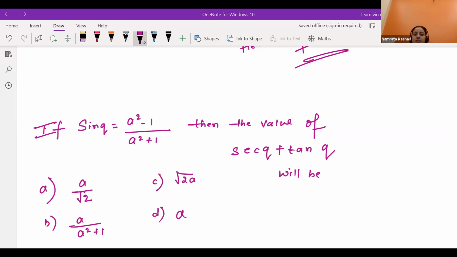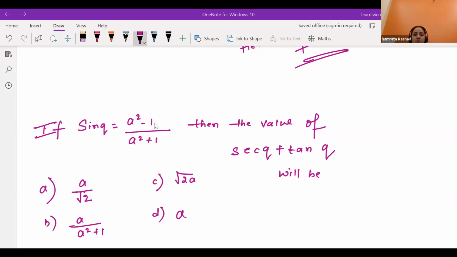Okay, Aisha said that it is option B. I am waiting for other students. Option B, ma'am. Option D. Yes, Arshid, Aisha, Zana.